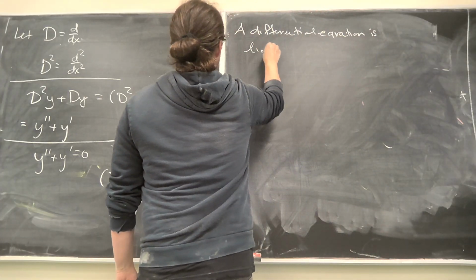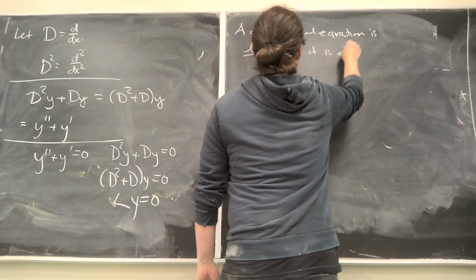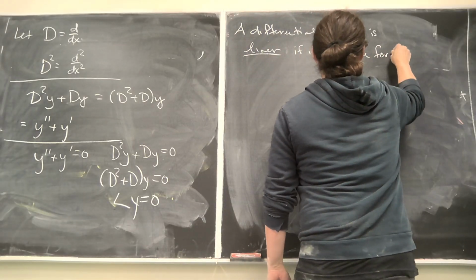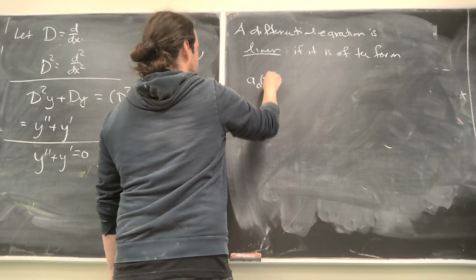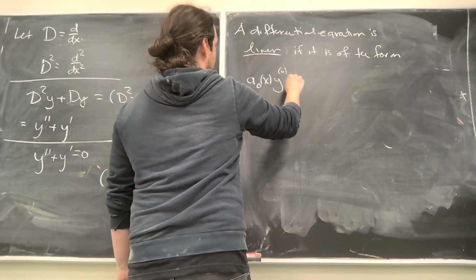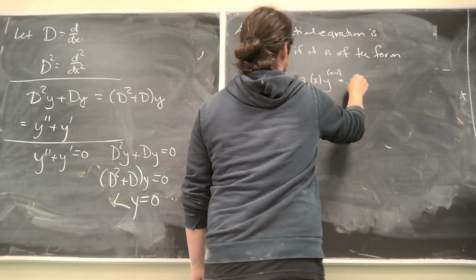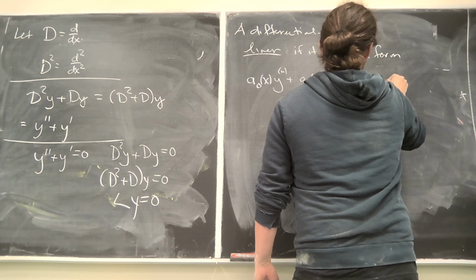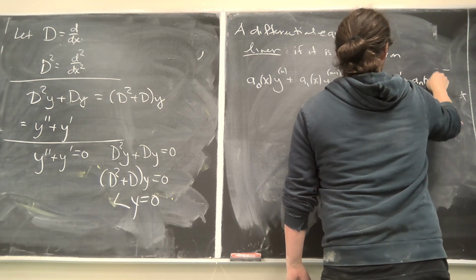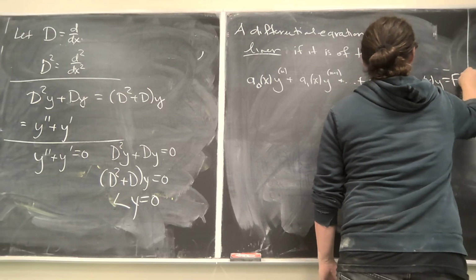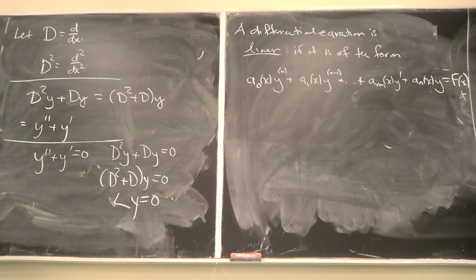The differential equation is called linear if it is of the form a_0(x) y^(n) + a_1(x) y^(n-1) + ... + a_(n-1)(x) y' + a_n(x) y = f(x). Now that looks like a giant pile of notation.